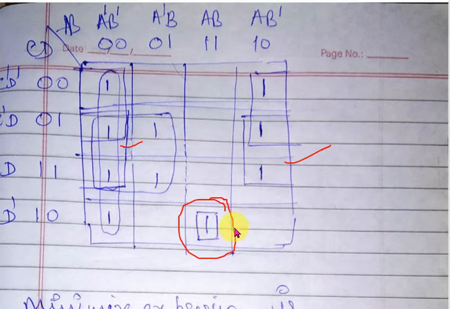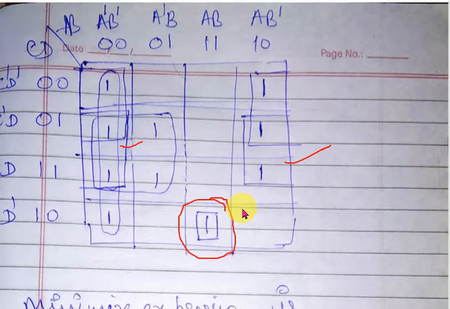The only possibility is to cover it individually, using a single cell, a 1 by 1 order block. Now all the ones are covered.